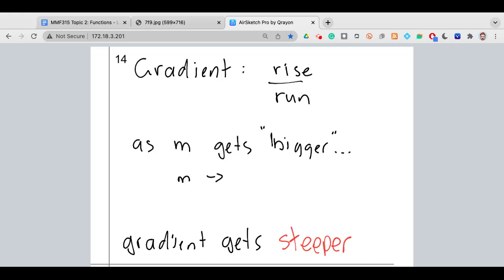If you owed $1 billion, in other words, negative $1 billion, that's also a lot of money to be in debt. So whether it's positive or negative, $1 billion is big. So when I say when m is bigger, I mean positively or negatively. Further away you get from 0 is a good way of putting it. So what I'm going to say is m goes towards positive or negative infinity. Positive or negative infinity, the gradient gets steeper.